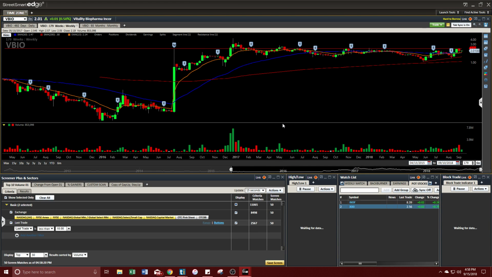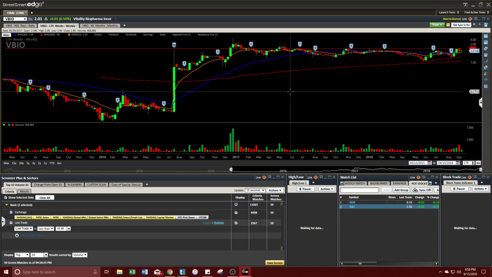There. I feel comfortable with that. So now I'd wait for this to break out of this pattern right here. And remember, the longer the time frame, and then if it breaks out of that pattern, the stronger the move it's going to be.